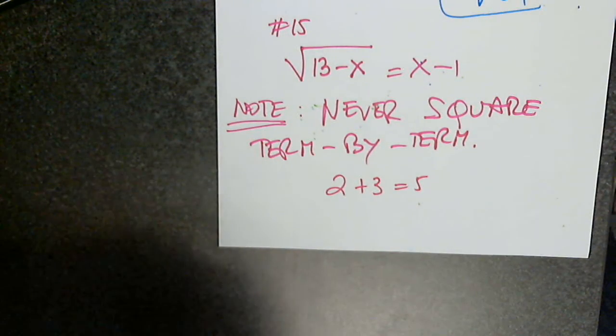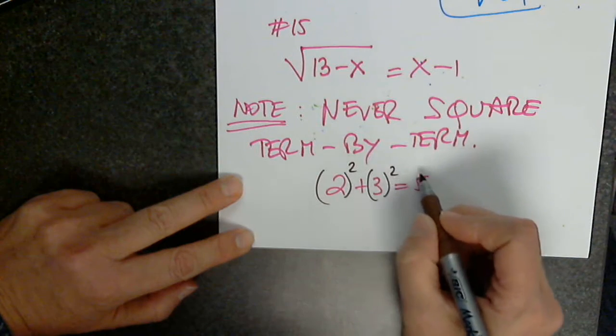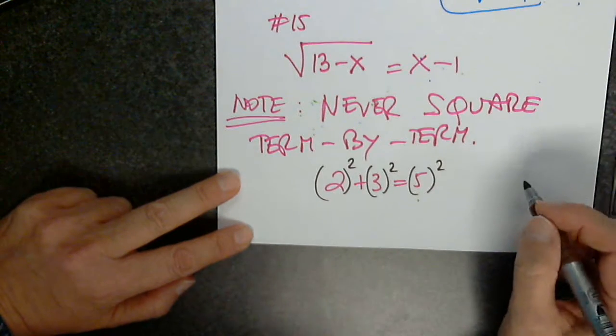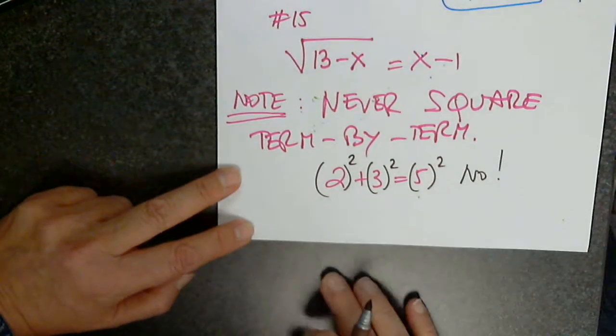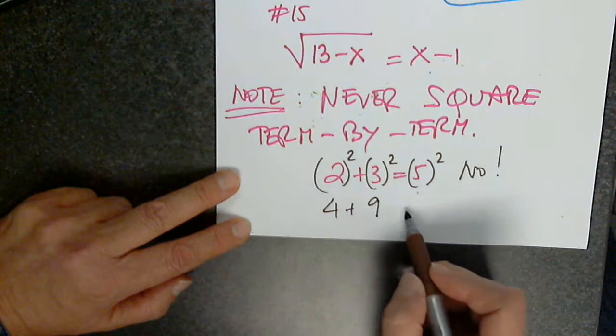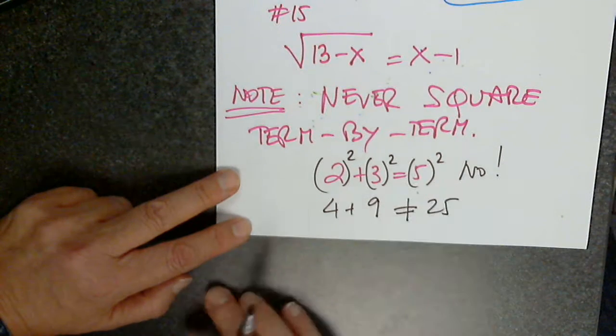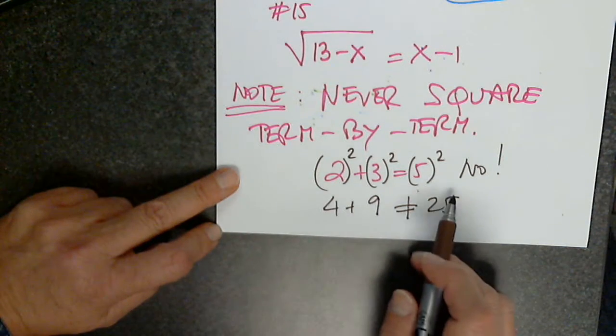Good. You cannot do this. This will be a terrible mistake. This is 4. This is 9. It will never equal 25. So please don't ever do that.